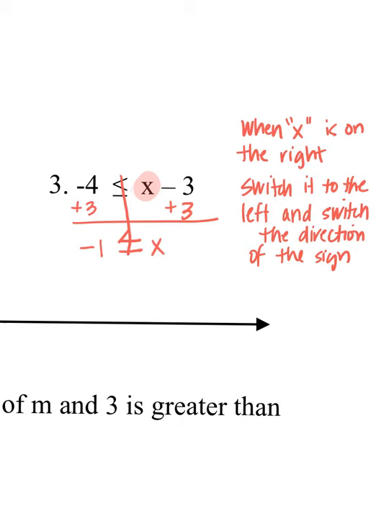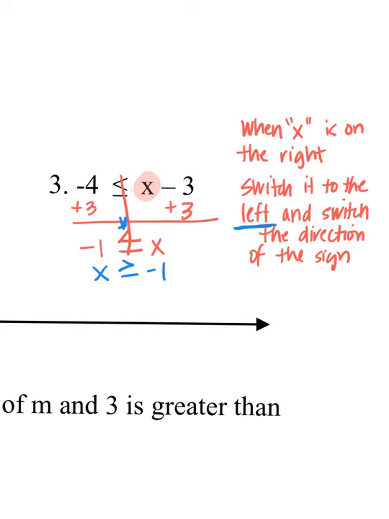Okay, so that means I'm going to switch it so my x is on the left. X is on the left. And then I'm going to switch the direction of my sign to say this way. My equal sign stays the same. And then -1. So x is greater than or equal to -1. Now it said above it, it says -1 is less than or equal to x.